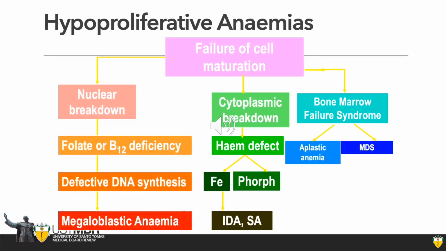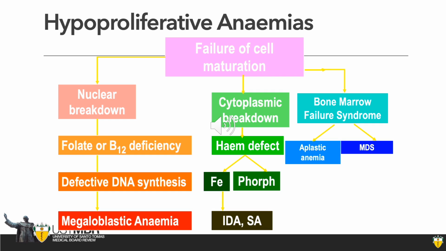Hypoproliferative anemias may be due to 1. Failure of RBC maturation, and 2. It may be due to a problem in the bone marrow per se, or the factory of the blood. So for failure of maturation, it may be due to a nuclear problem or a cytoplasmic problem. What are the nuclear breakdown disorders?